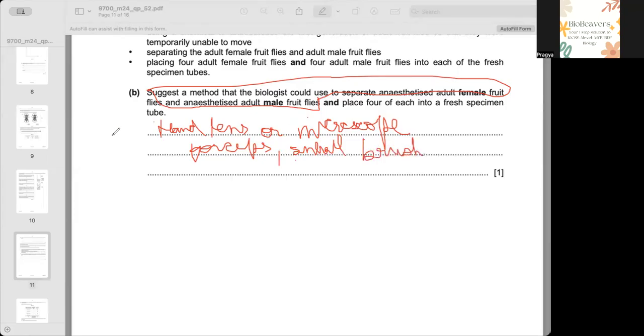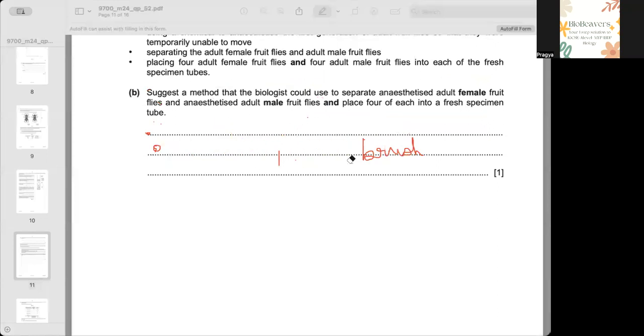So you have to clearly write 2 sentences, 2 points. First point, to separate the anesthetized adult female and the male fruit flies, you can use hand lens or microscope. Secondly, to pick them up into the fresh specimen tube, we use forceps or the small brush, which helps us to differentiate between the 2 pointers.